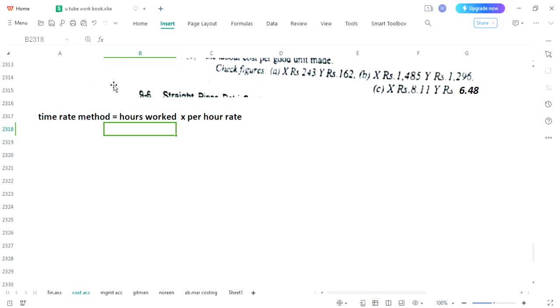Then you have the piece rate system, where you pay them according to the number of pieces or units they make, and you multiply it with the per piece rate. In this way you will be paying wages. So these are very simple and basic concepts of payment of wages to the manufacturing workers.